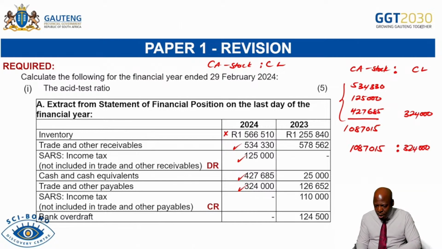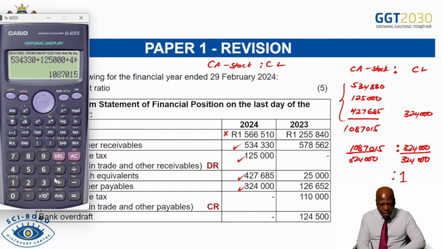Remember, your answer has to be as to 1. So I'm going to divide everything by 324,000 so that I get 1 here. And then I'm going to divide this by 324,000 as well. That's going to give me 3.35.